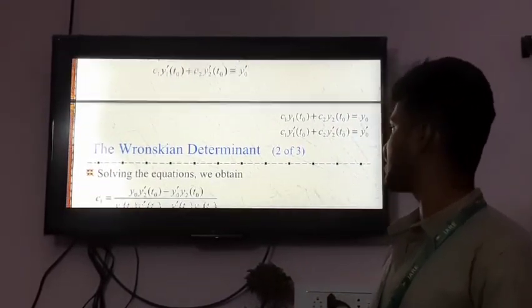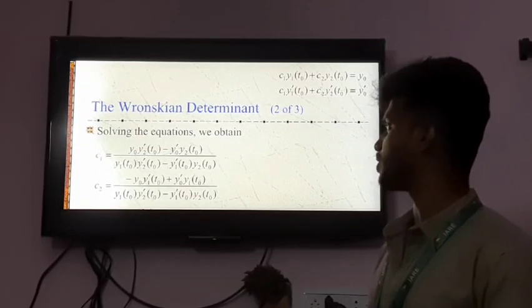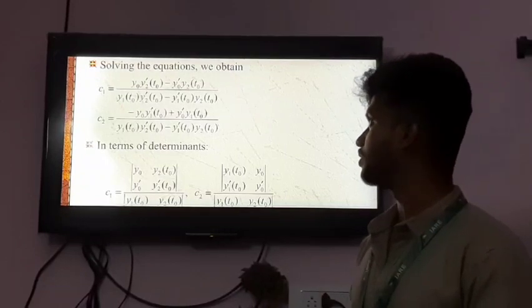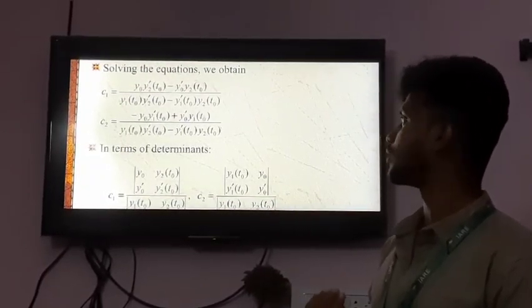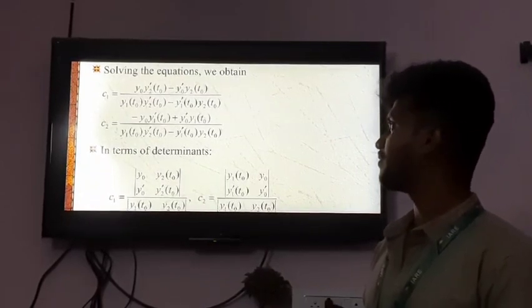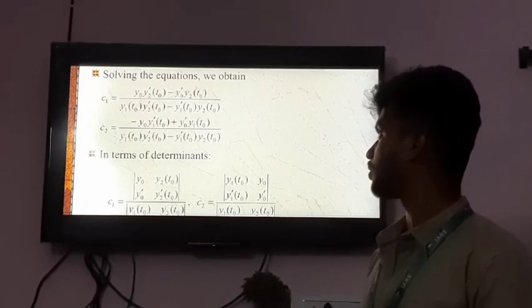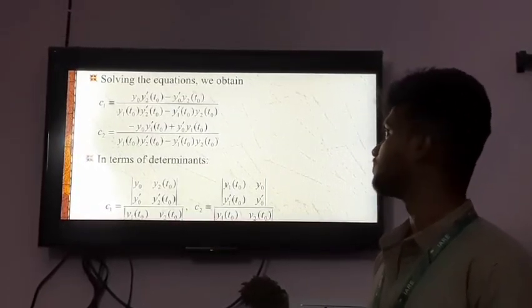The Wronskian determinant. By solving these equations, we obtain c1 equals y naught y2 dash of t naught minus y dash naught y2 of t naught, divided by y1 of t naught into y2 dash of t naught minus y1 dash of t naught into y2 of t naught.